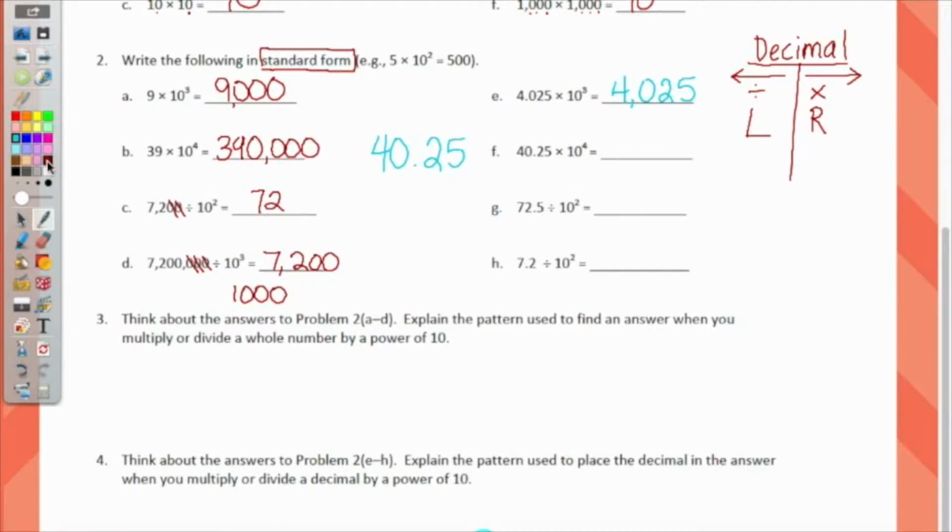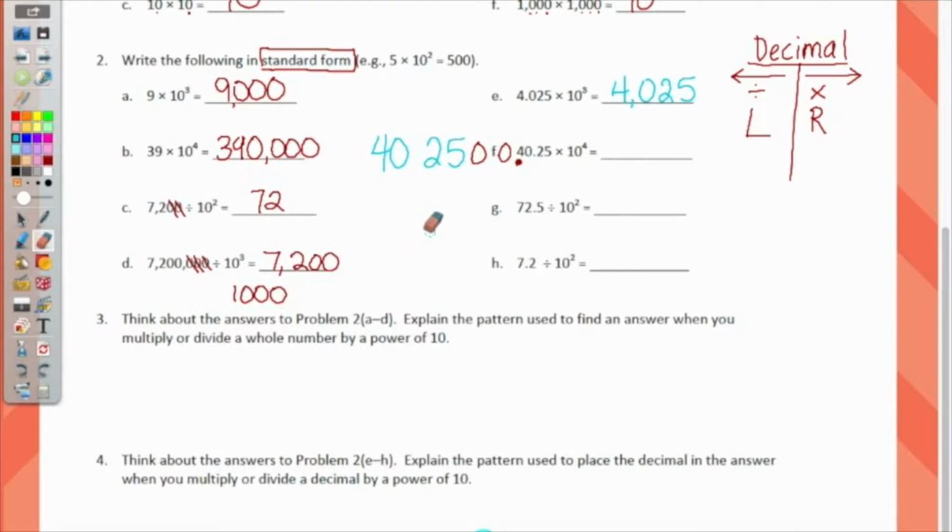How many places? 4. 1, 2, 3, 4. Place the decimal. Fill in with zeros. Erase your hops. This is why an iPad's nice, isn't it? Yeah. What do you have?